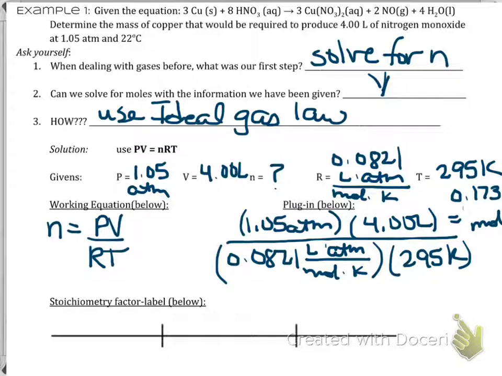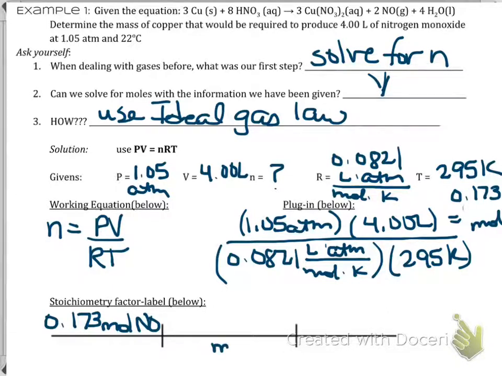In the question, I'm asking what mass of copper we would have needed in order to make that amount of nitrogen monoxide. I know we've done mostly mass-to-mass calculations, but if I already have moles, I can go ahead and switch to moles of my other substance using a mole ratio.